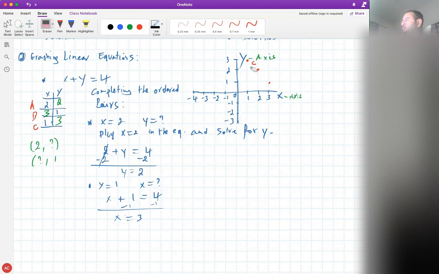So we have point A, point B, and point C. This is again the Y-axis. This is the X-axis.